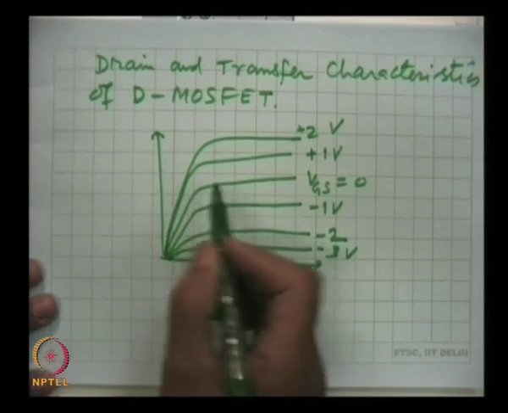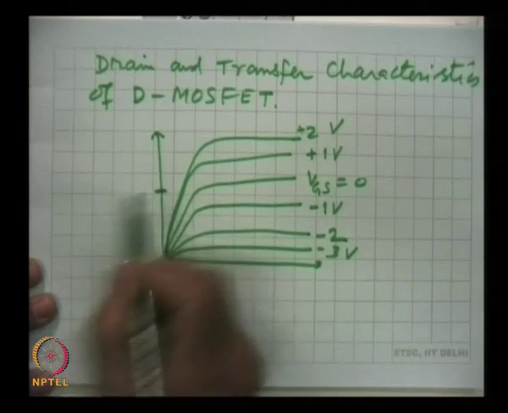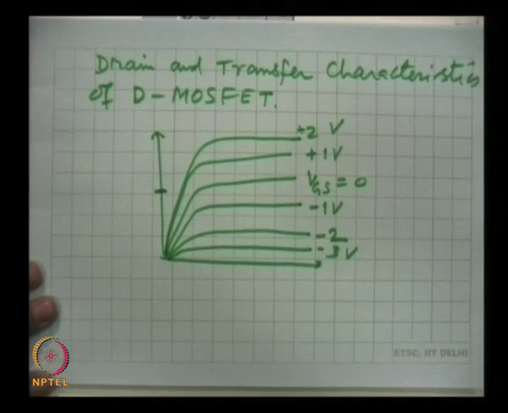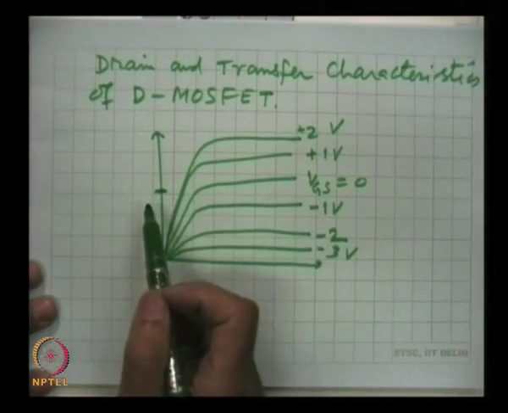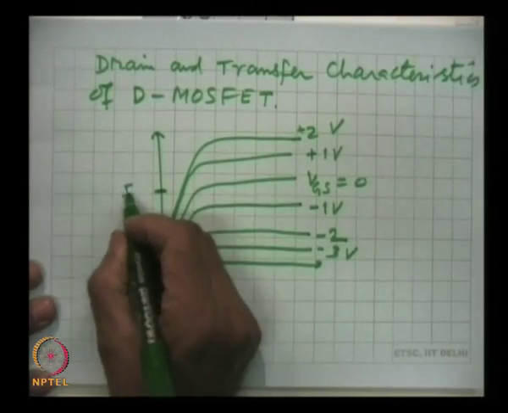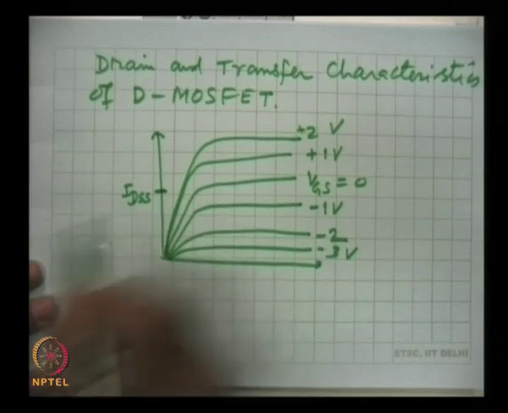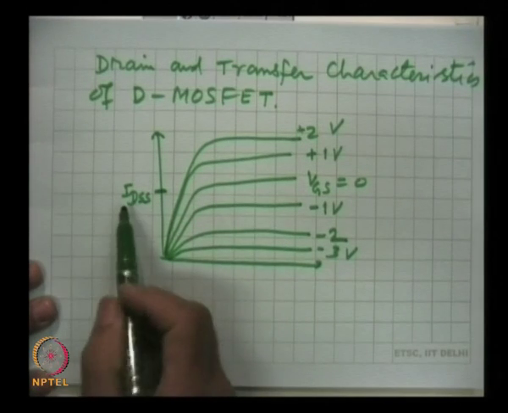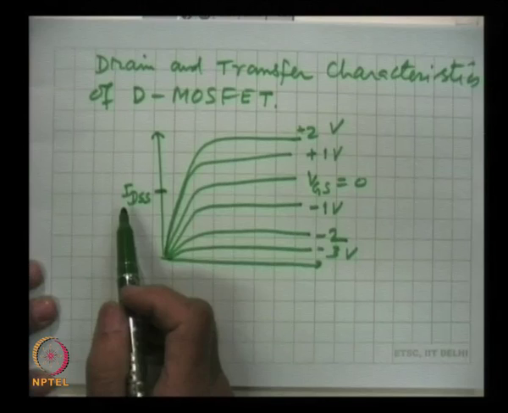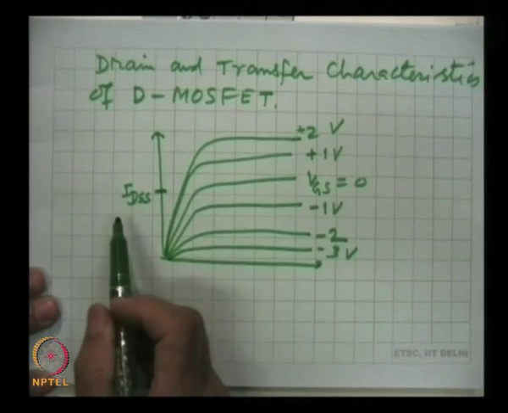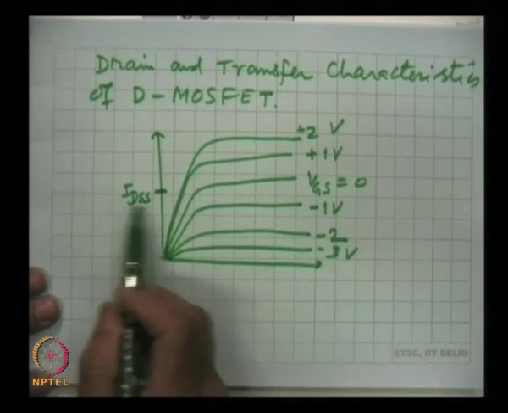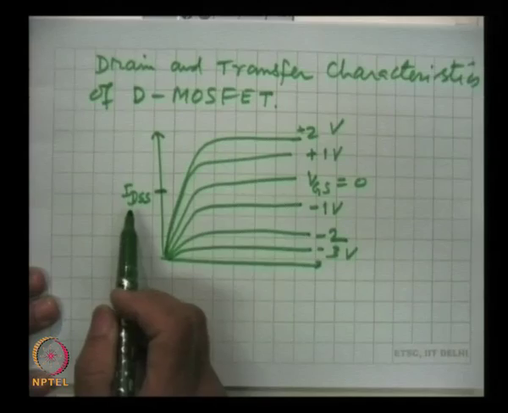When the gate source voltage is 0, what is the current flowing? We still call it IDSS. The drain current when the gate is shorted with the source, that current we continue to call IDSS.